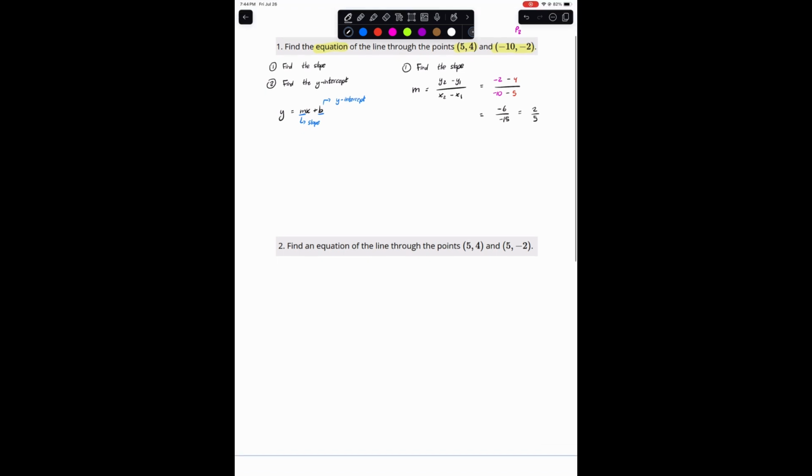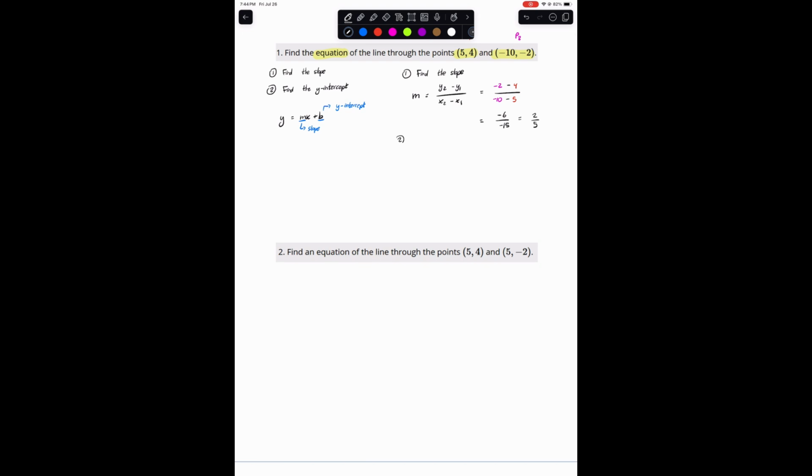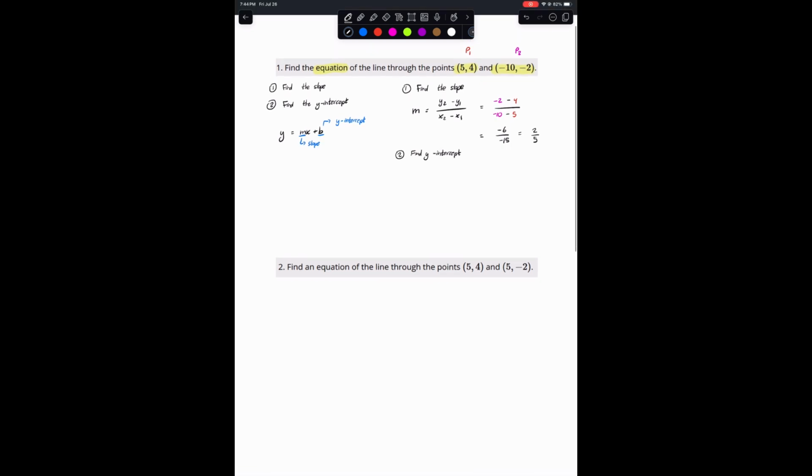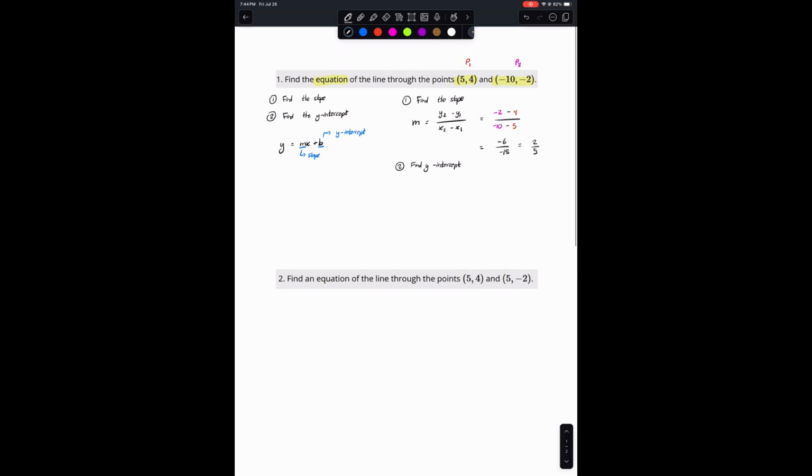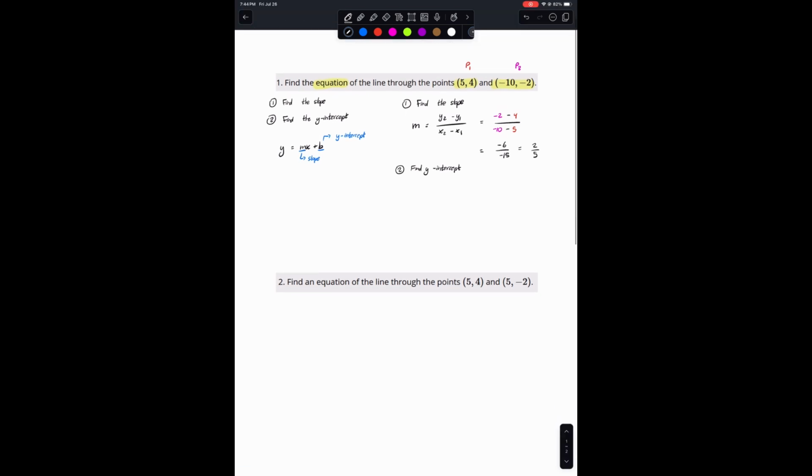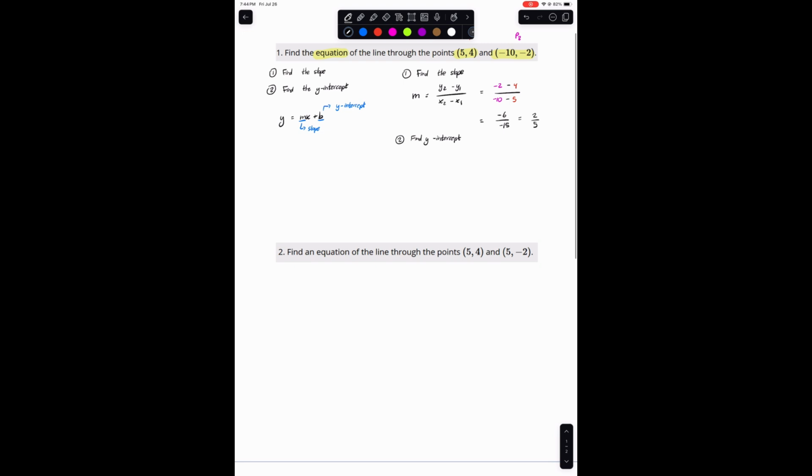Okay. The second step is to find the y-intercept. So we have our m, we have our x and y, and we can just choose point 1, because point 1 is both positive, and I just like positive numbers.